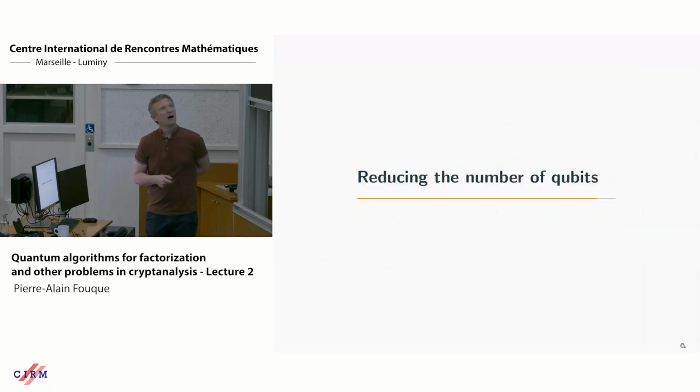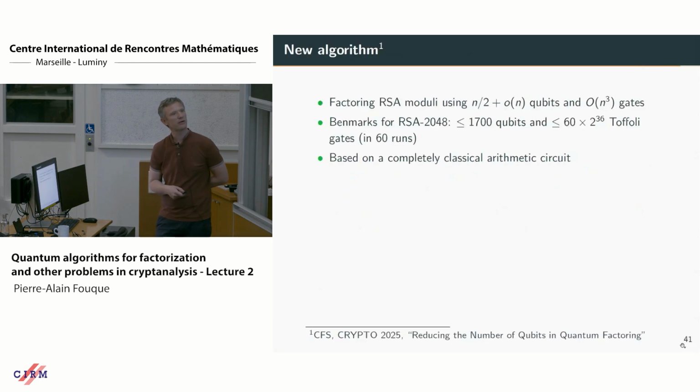So let me introduce what we did, in fact, with my co-author. It will be published next month. We are not interested in reducing the size of the circuit, but we are interested in reducing the number of qubits.